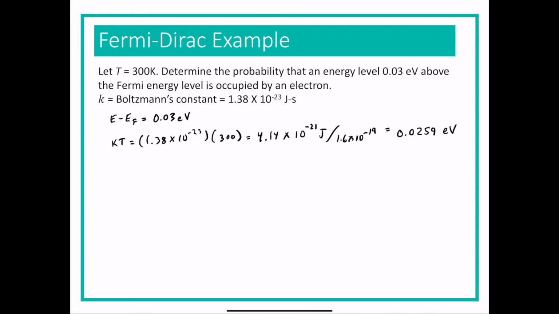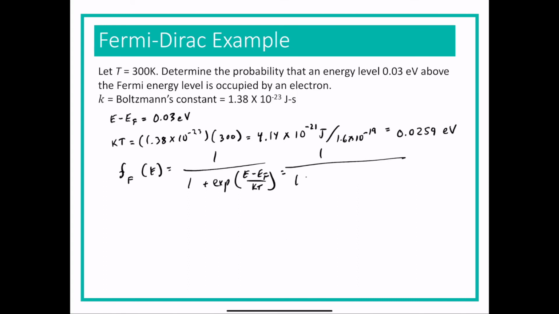So the probability function is going to be 1 over 1 plus the exponential of E minus EF over kT, which is 1 over 1 plus exp of 0.03 over 0.0259.